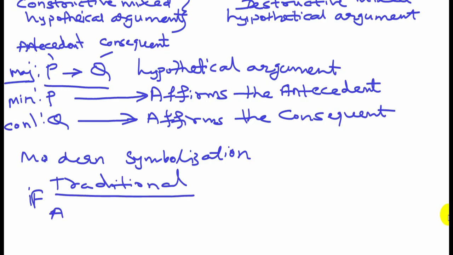If A is B, C is D, and this is a major premise.